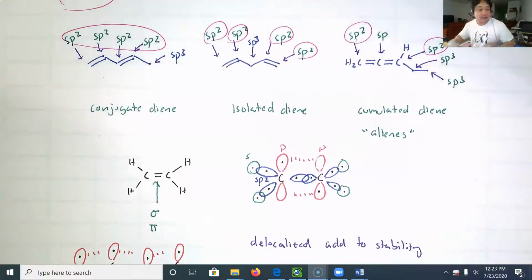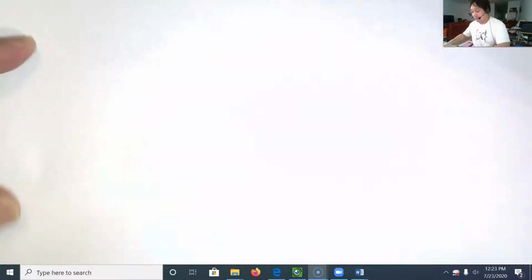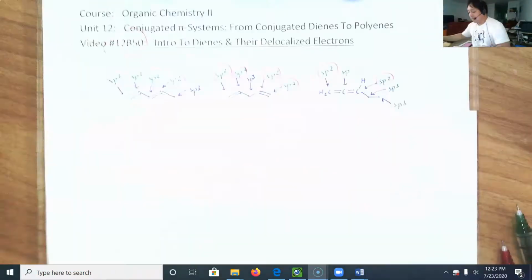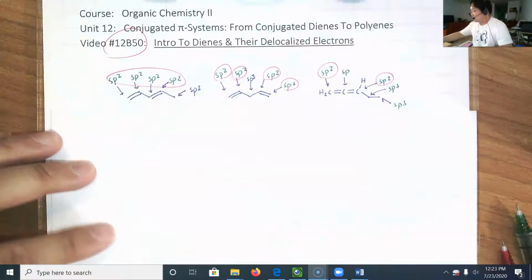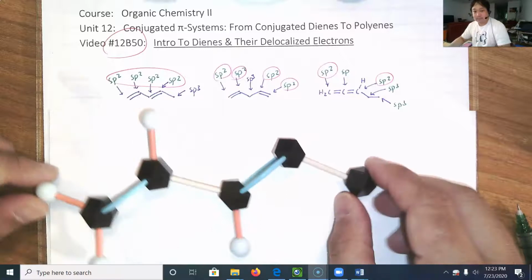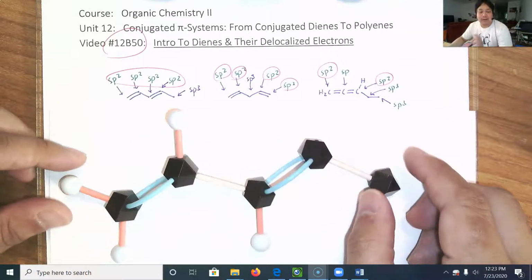Take a look. I made a couple of models of these 3 systems. Let me zoom out so you can see the full models. The conjugated diene looks like this. Okay. And think about it.